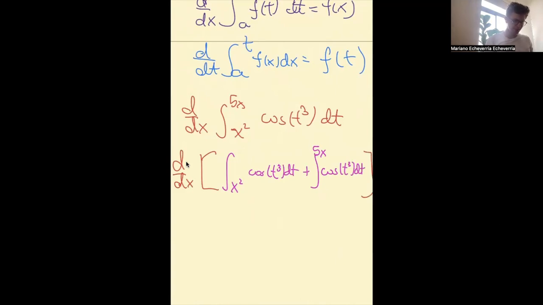Maybe I should emphasize this with a different color. So you can break the integral with any point: the lower bound continues to be the lower bound, and the top bound continues to be the top bound. It's just that I have inserted a number in the middle where I'm doing the breakdown. Is that okay?